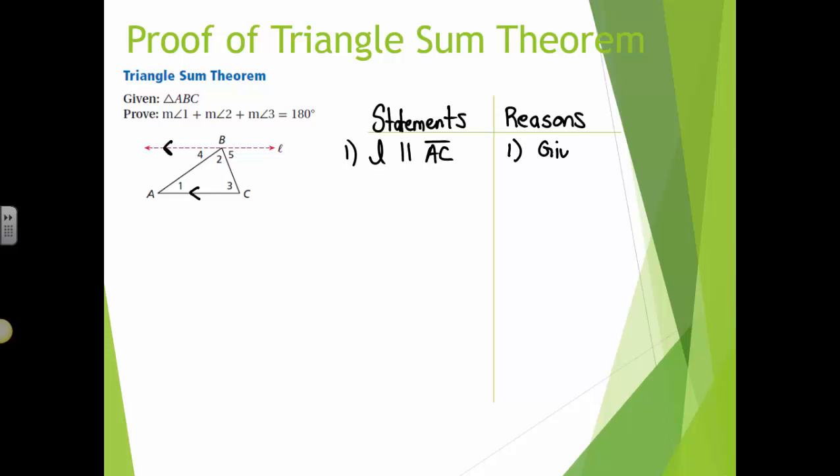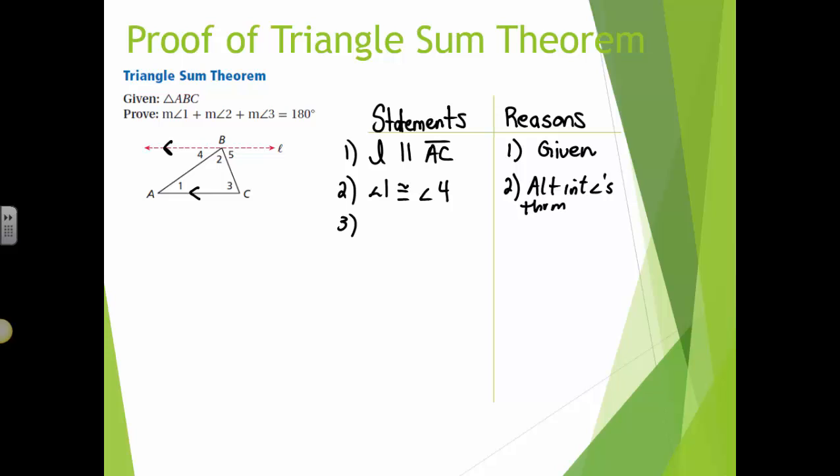That is given. So if L is parallel to AC, then if I use AB as a transversal, I have some alternate interior angles that are congruent. So angle 1 is congruent to angle 4, by the alternate interior angles theorem.